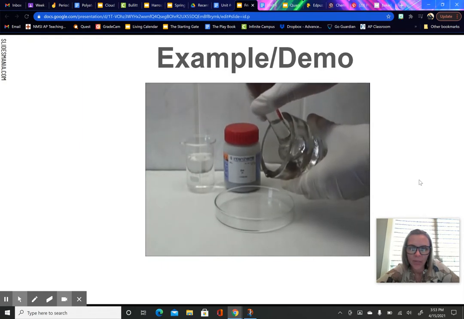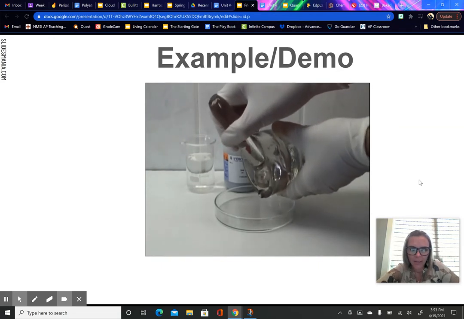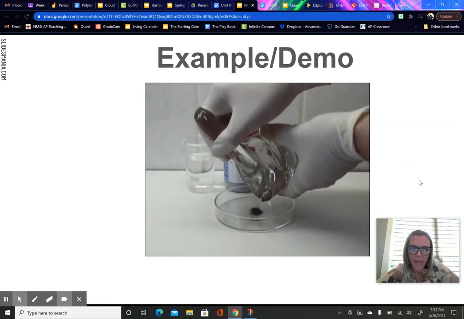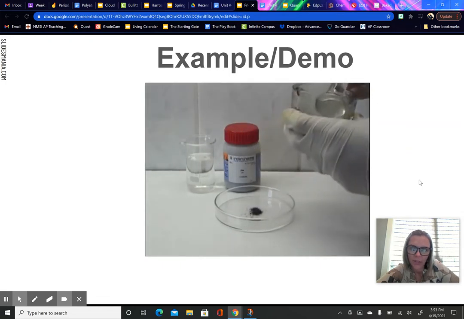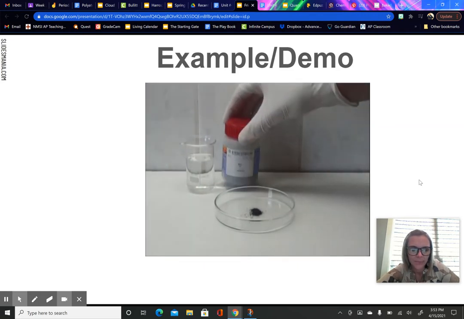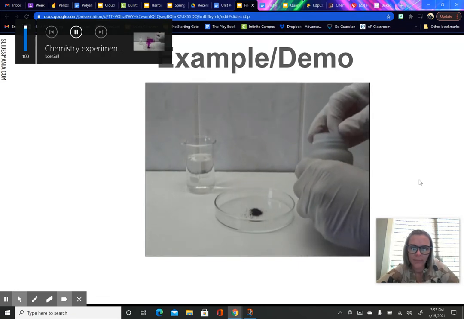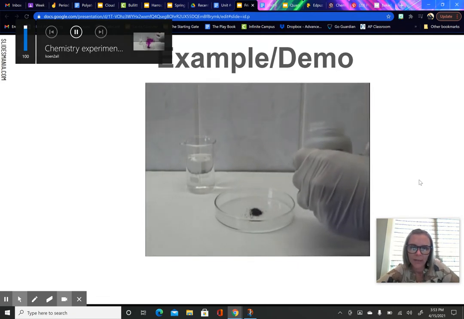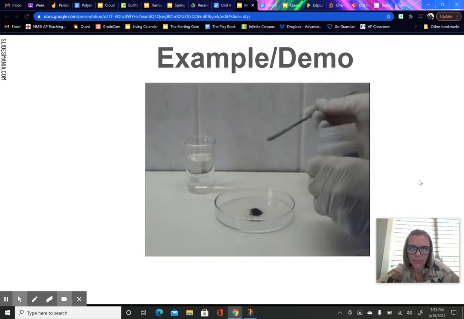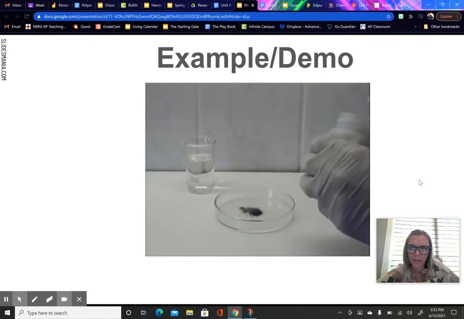So notice when they pour this in what the iodine crystals actually look like. You've got this black, almost brown. If you were to look close enough, you'd probably see some sparkles in it too. And here comes our powdered zinc, which is also a very dull gray solid.